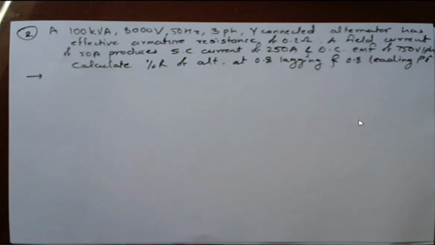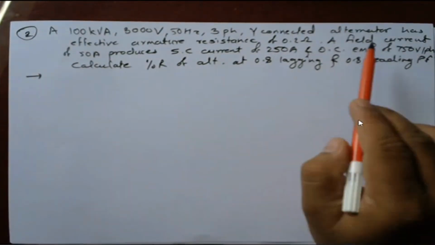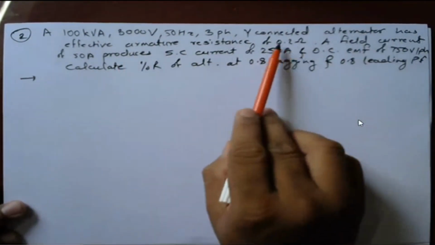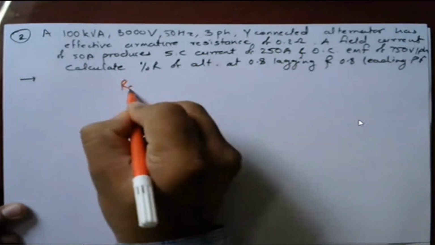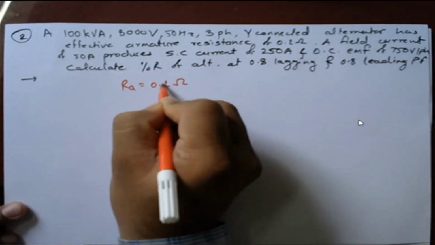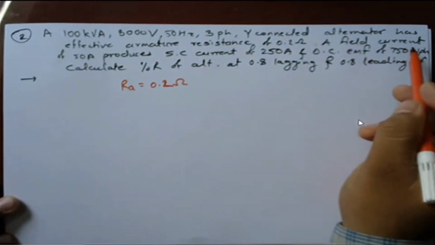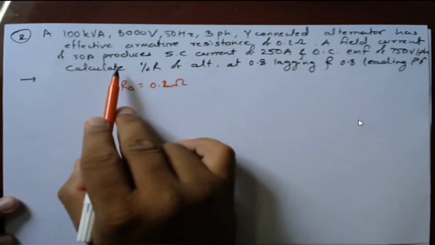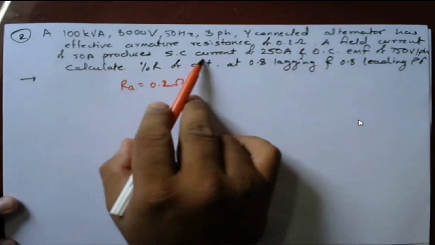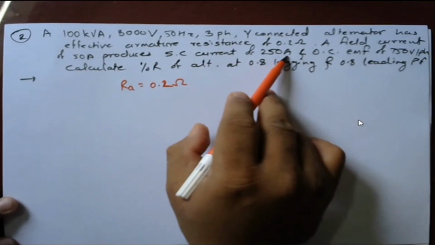Second numerical. A 100 kVA, 3000 volt, 50 hertz, three-phase star-connected alternator has effective armature resistance of 0.2 ohm, that is Ra is equal to 0.2 ohm. A field current of 50 ampere produces short circuit current of 250 ampere.